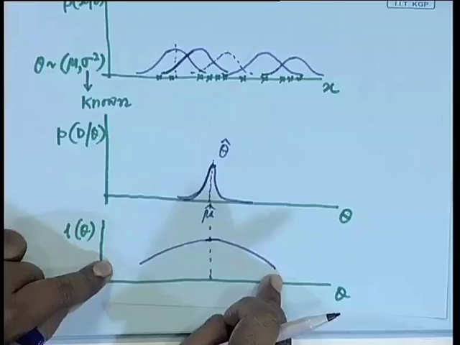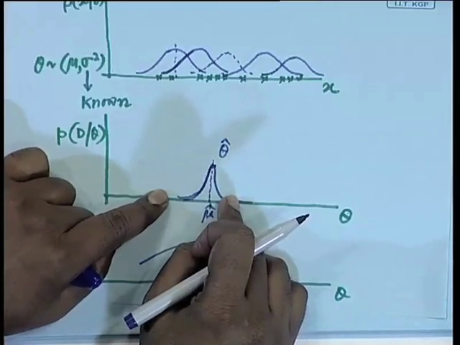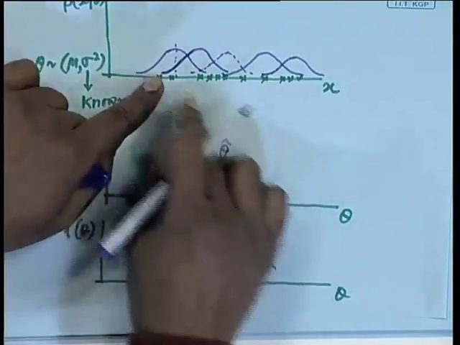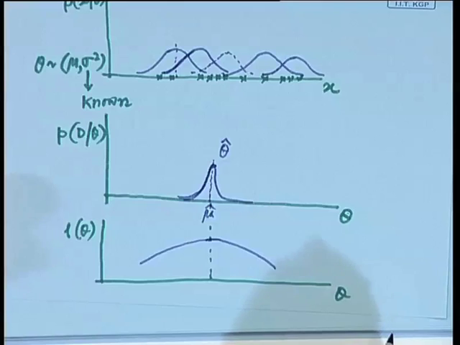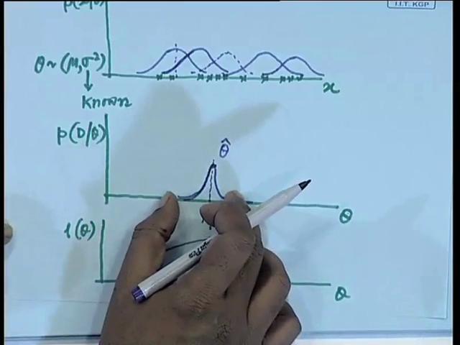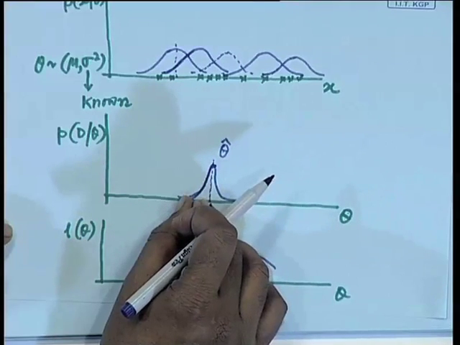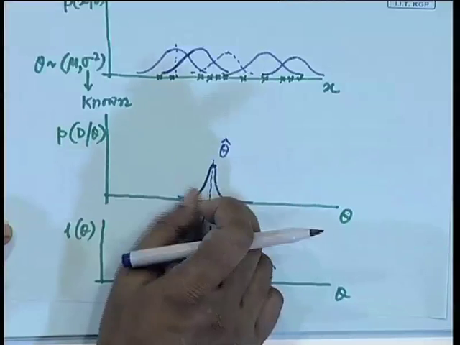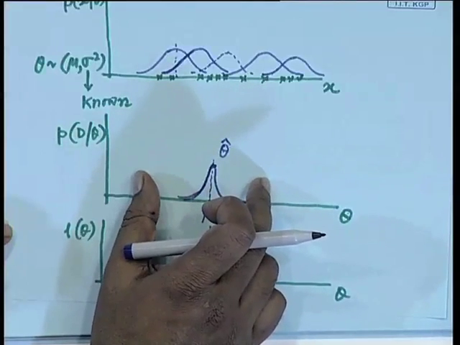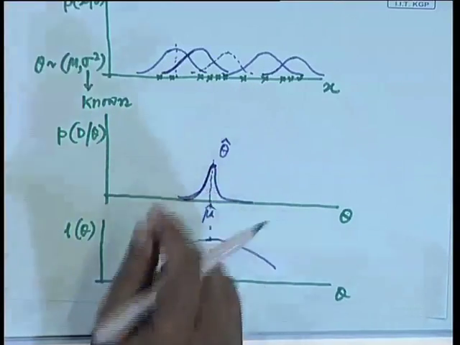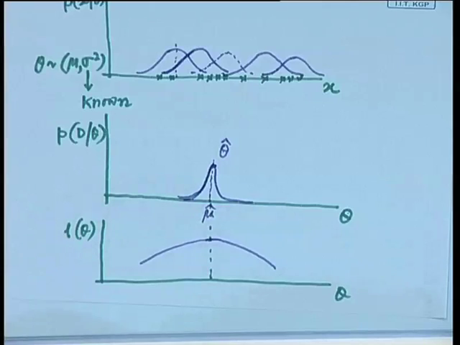It will be a smooth curve, whereas this is a sharp curve. As we have more and more points, this curve will be narrower; with fewer points, the curve will be broader. So, that clearly says that if I have a narrower curve, I can estimate the maximum more accurately.